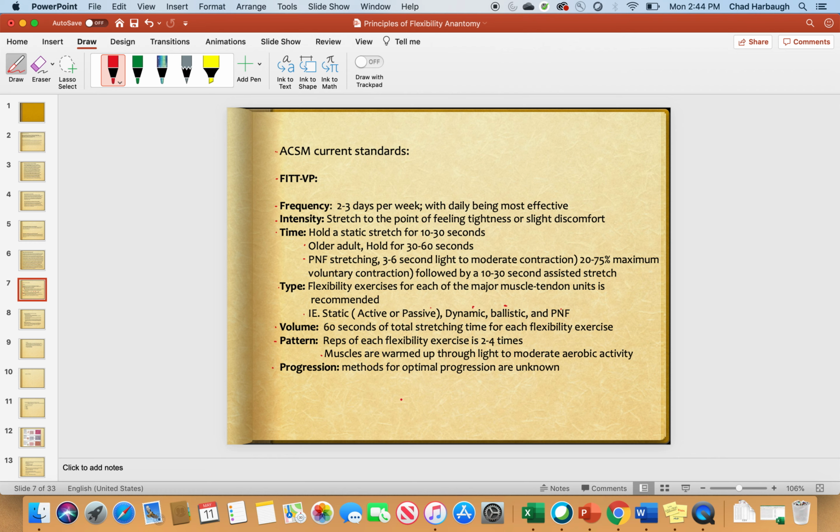This method of progression allows you to have a full body stretching routine to help develop the most flexibility through each major joint in the human body.